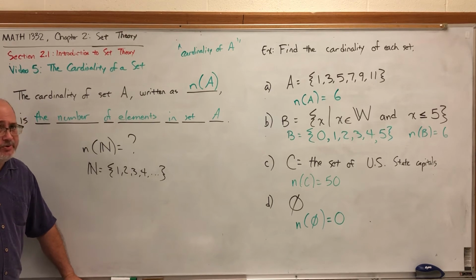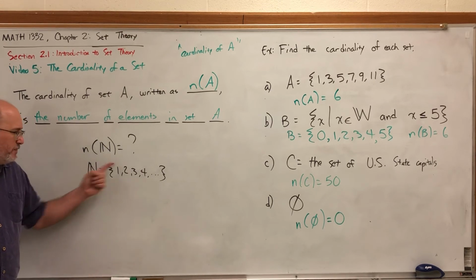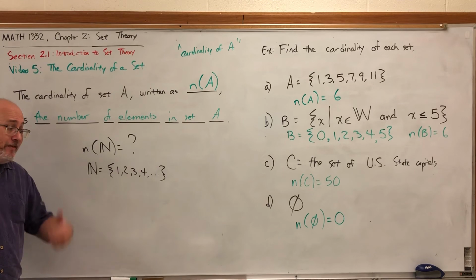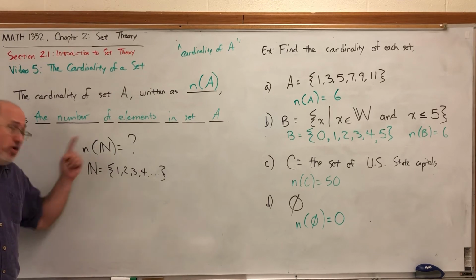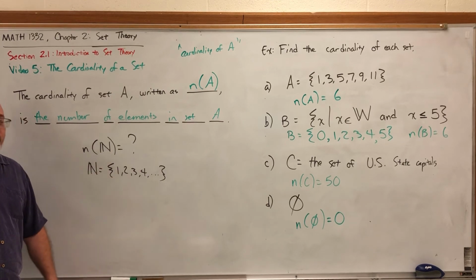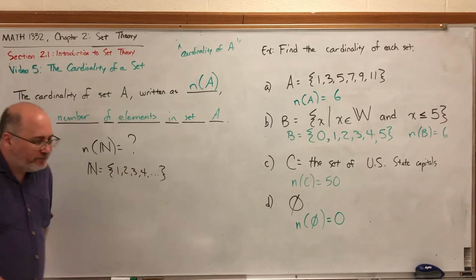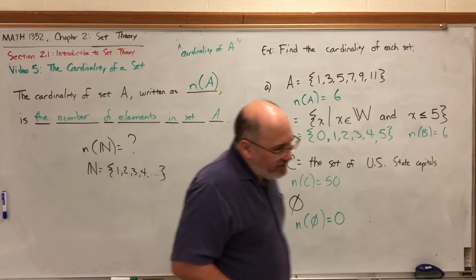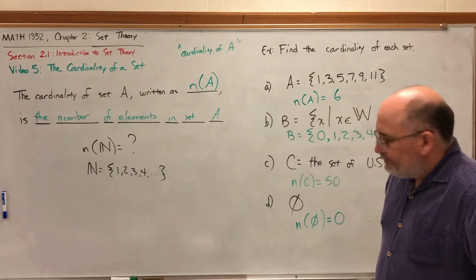Both of those answers are too small. This set goes beyond both of those numbers. In fact, if you give me any natural number, this will go beyond it. 5 trillion, okay. 5,000,000,001, 5,000,000,002. This never stops. So what can we say the cardinality of the natural numbers is?